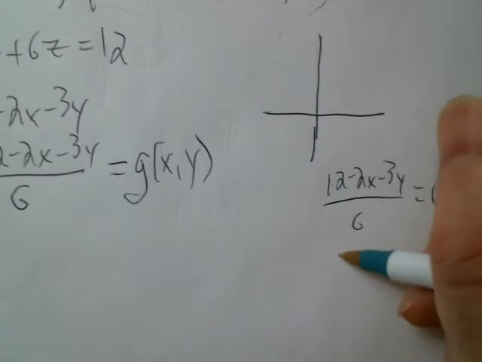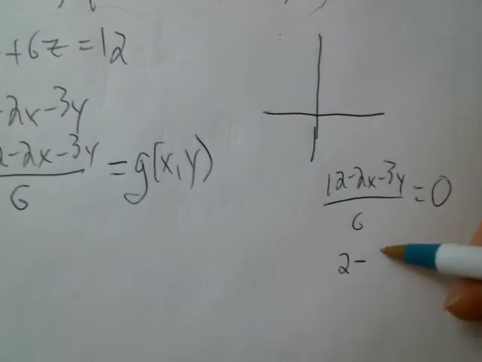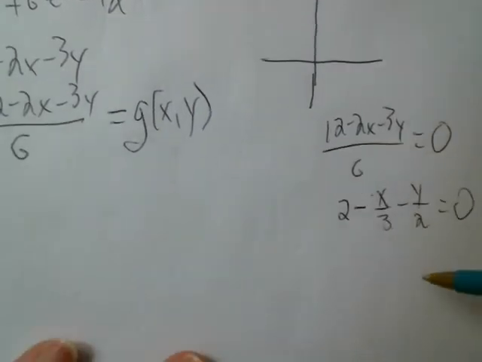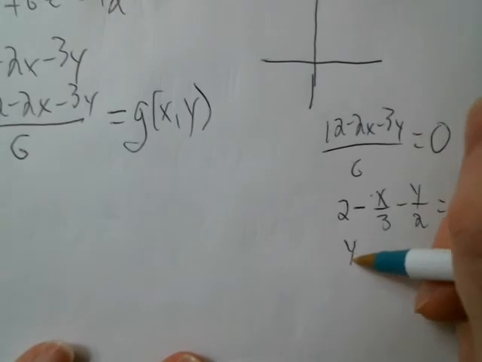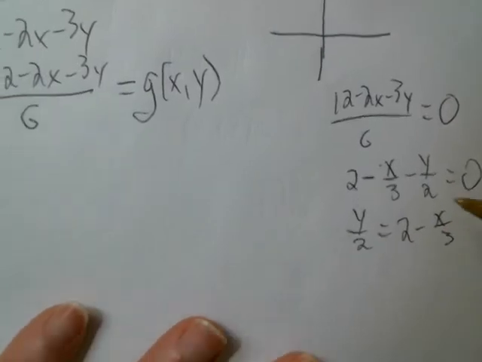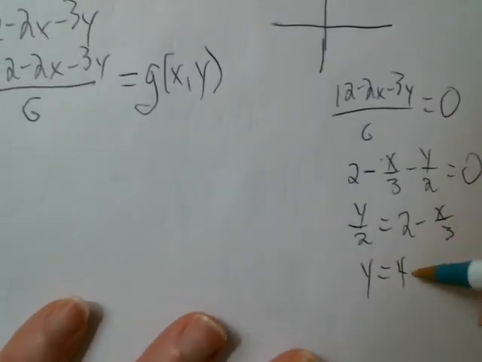So this would be 2 minus x over 3 minus y over 2 is 0. I want to solve for y. So y over 2 equals 2 minus x over 3, multiplied by 2. So y is 4 minus 2x over 3.